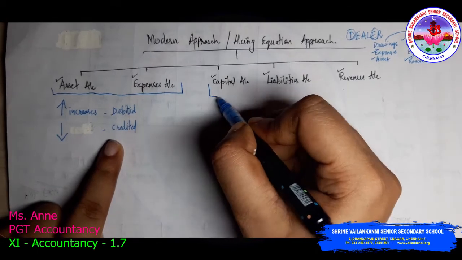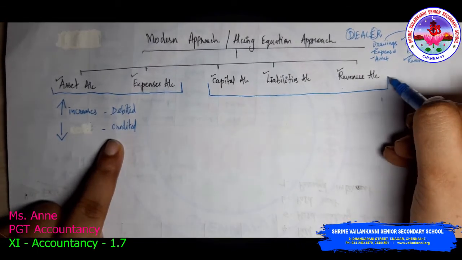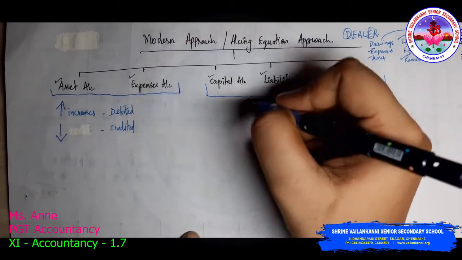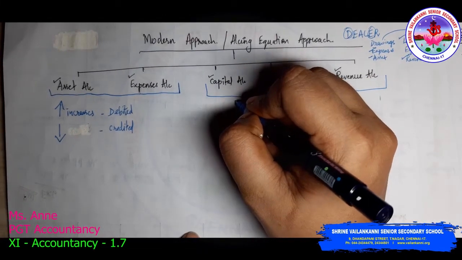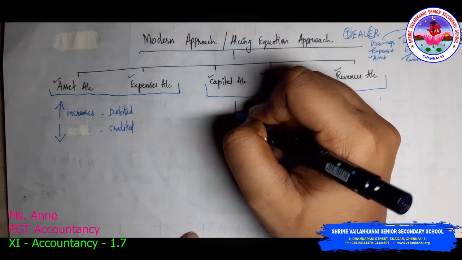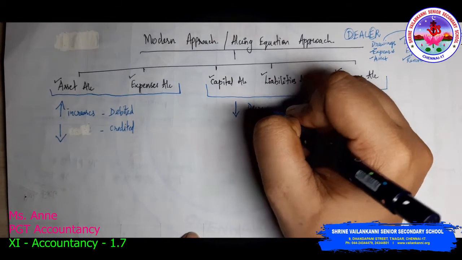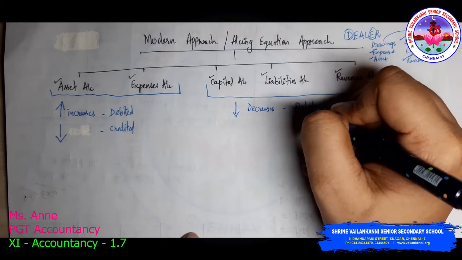The opposite will stand good for these three accounts: capital, liability, and revenue. If it decreases, you need to debit it.